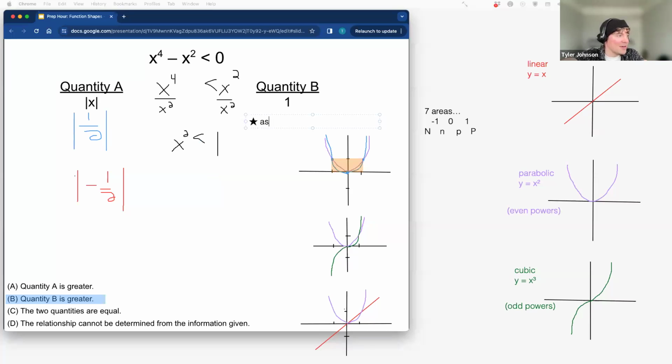With one caveat, that you're assuming that x is not equal to 0, because you don't want to divide by 0. But it's the same thing. Where is the output of x squared smaller than 1? It's only when that input is a fraction. So even if you do it that way, you should still get b as the answer.